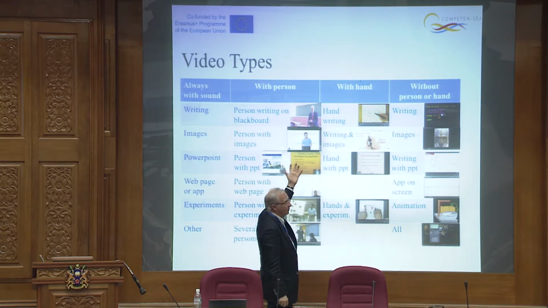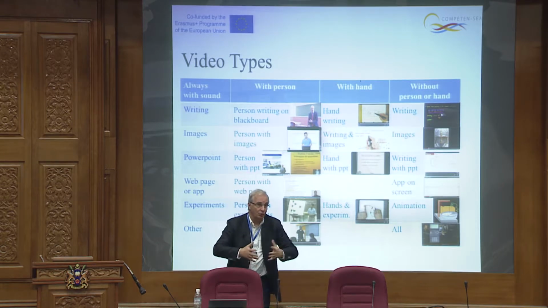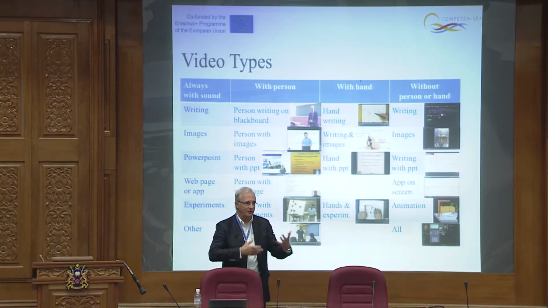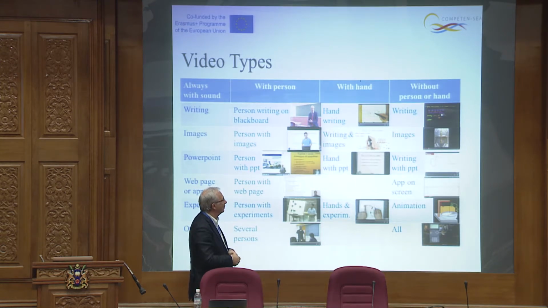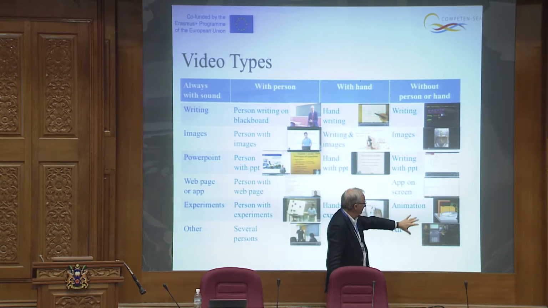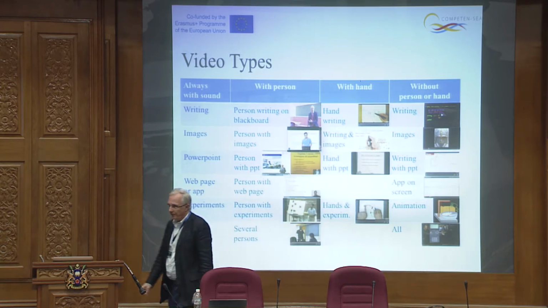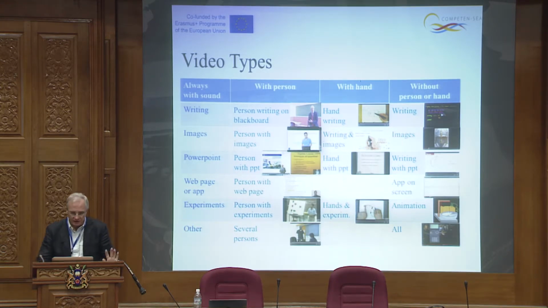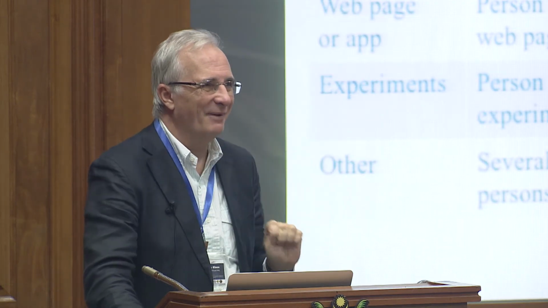You don't need to see the person. After some time, you get bored of the person. Sometimes it's good to see at the very beginning the person, the teacher, but after some time, you just don't need it, just need the voice, so this is enough. And then the writing itself, and maybe doing some animations, which are also useful. Okay, so this is your question hereby answered. No?